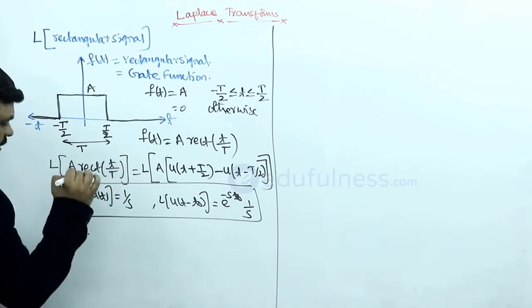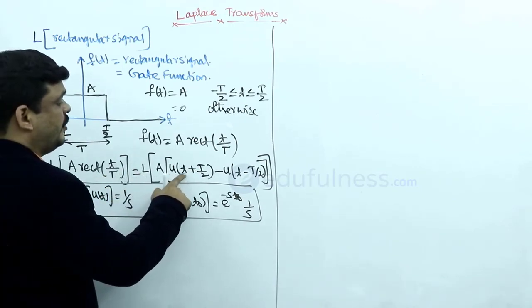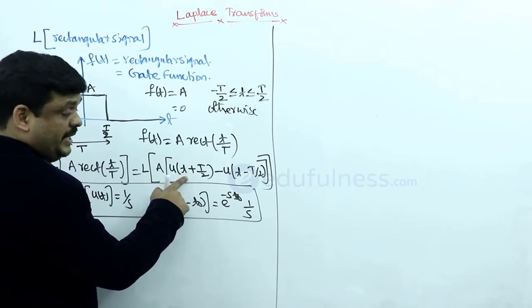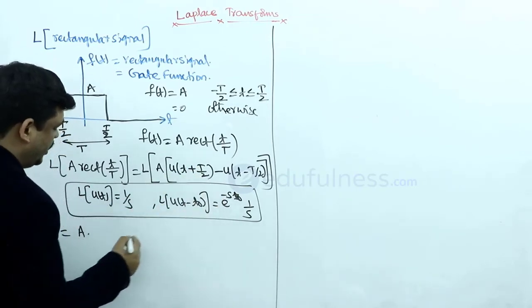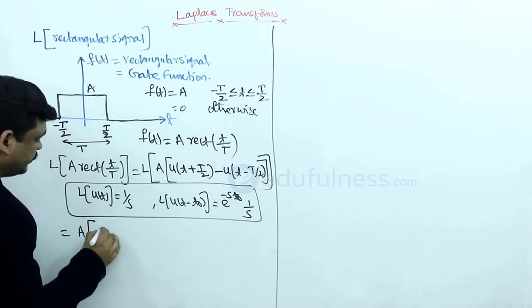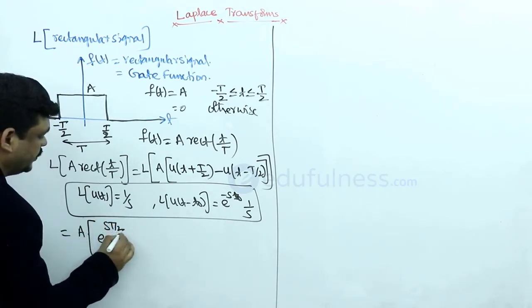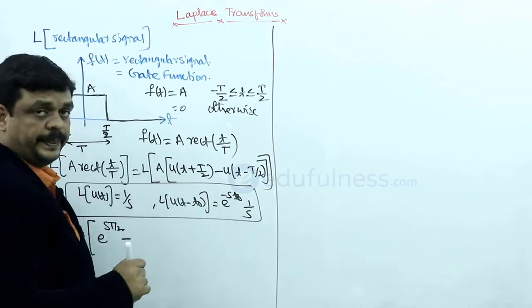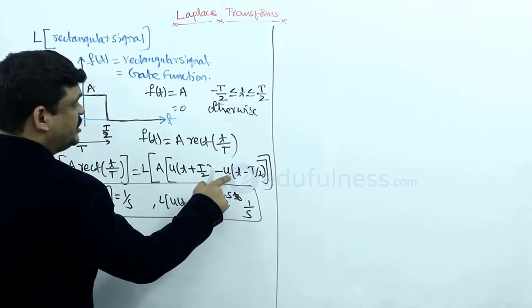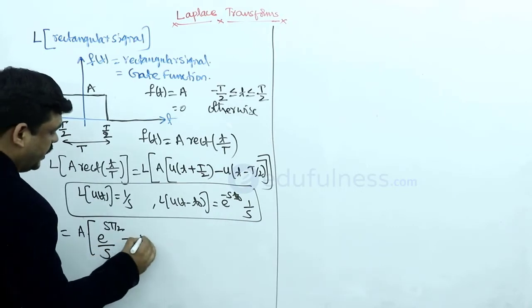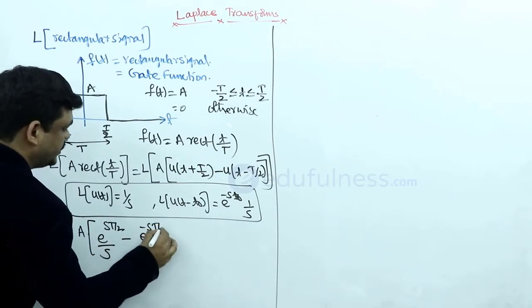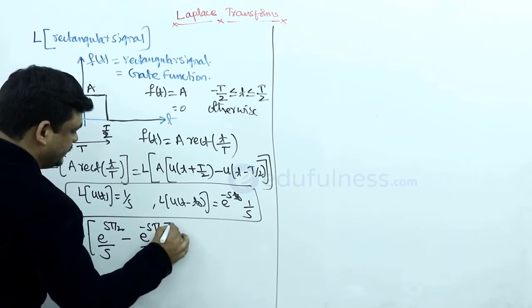A is constant as it is. The Laplace transform of u of t plus T by 2 gives e to the power of sT by 2 times 1 by s, minus the Laplace transform of u of t minus T by 2, which is e to the power of minus sT by 2 by s.